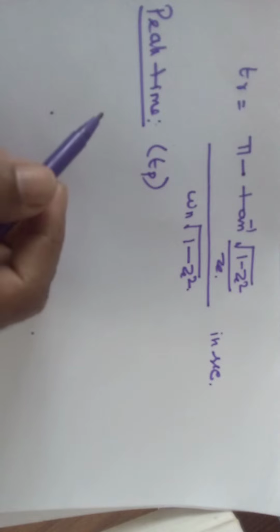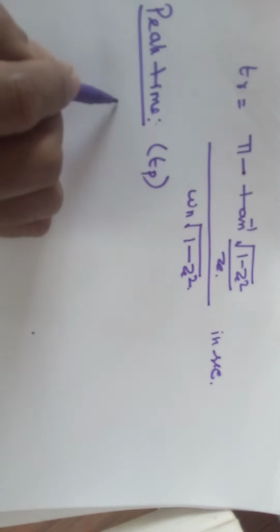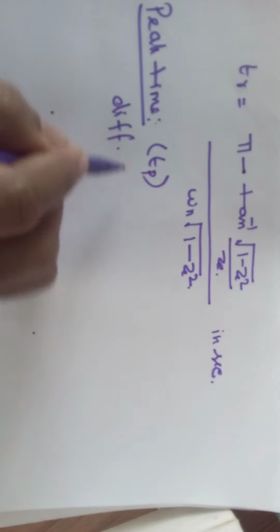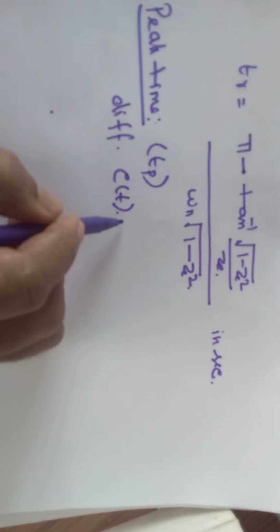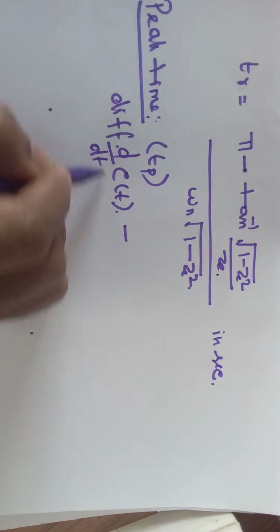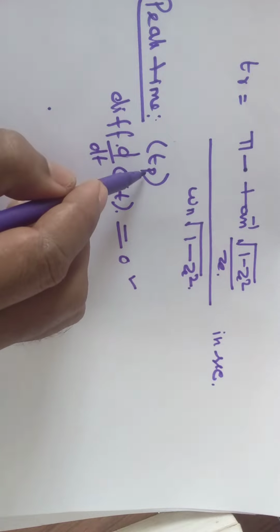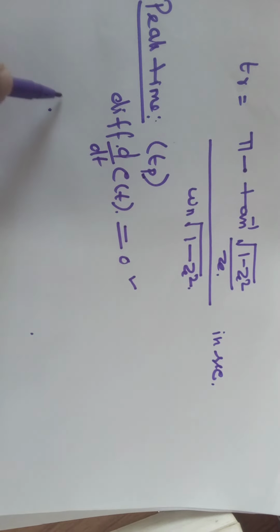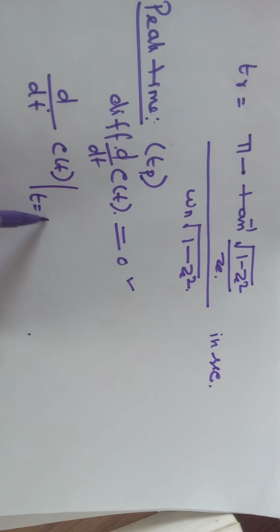Understood? To find the expression for the peak time, we just need to differentiate your response C of t, and equate it to 0. We can write d by dt of C of t at t equal to your peak time, Tp, is equal to 0.